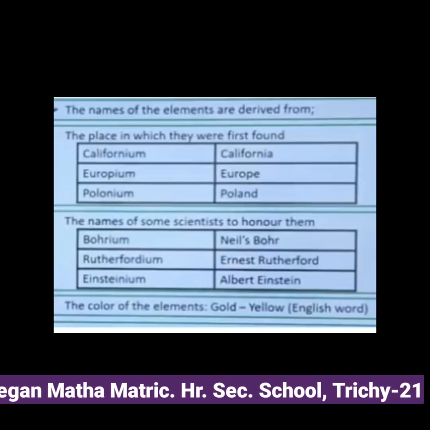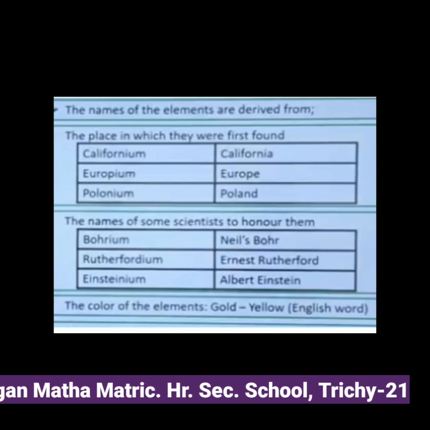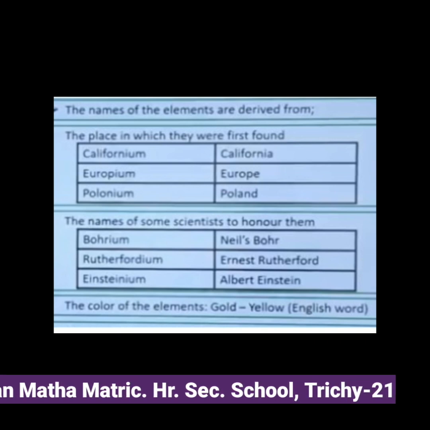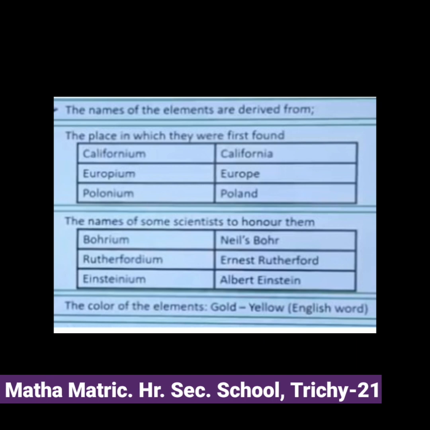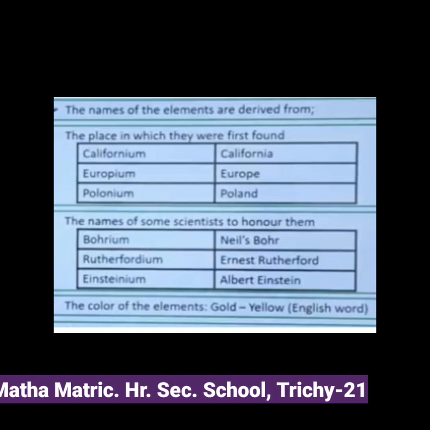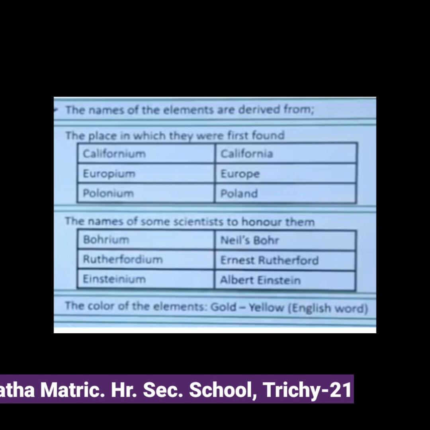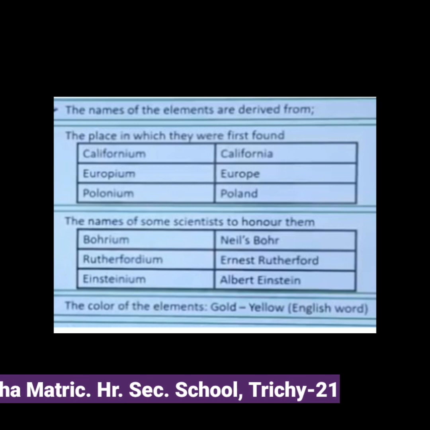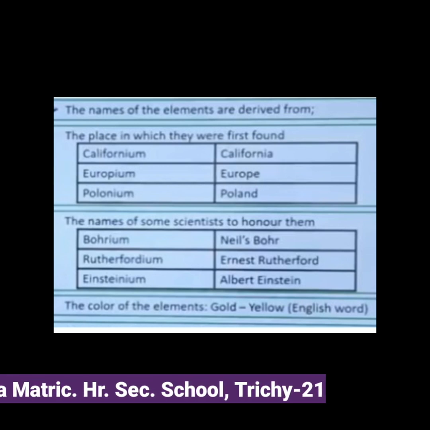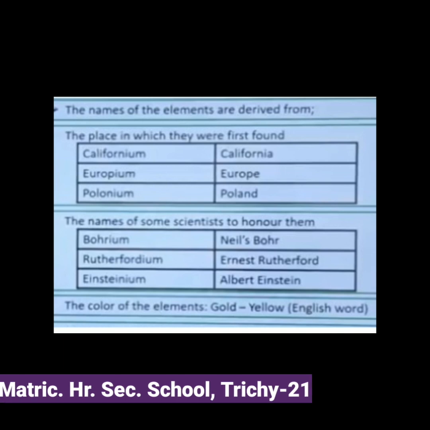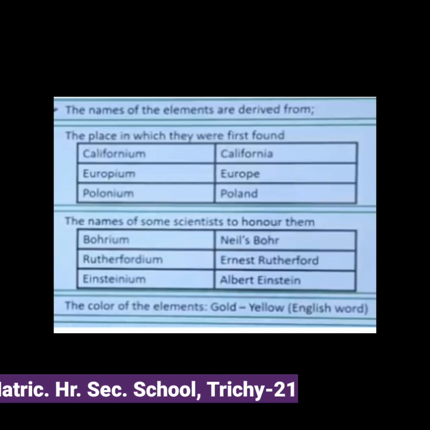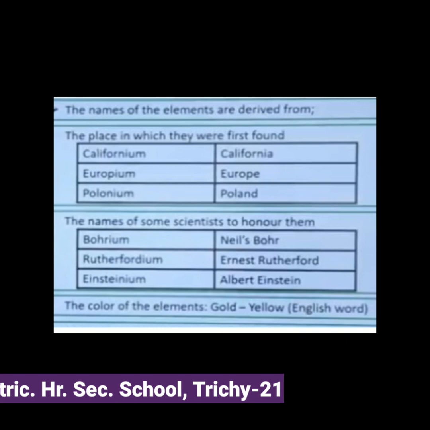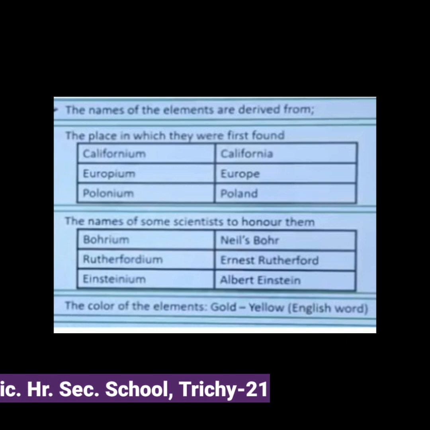Some elements are named using country names, scientist names, colors, and planet names. The place in which they were first found: California, Californium; Europe, Europium; Poland, Polonium. These are the country names.